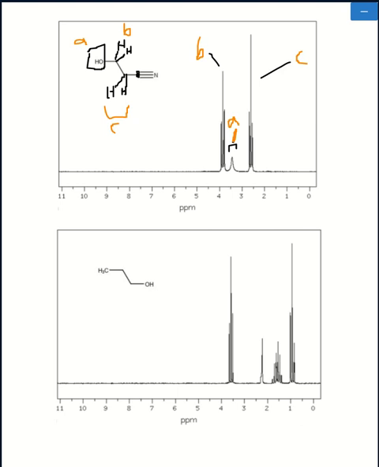Therefore, this is the only spectra where that would really matter. The rest of them, just do your best with the n+1 rule. And in all honesty, look them up. Look up the actual molecules if you need help.